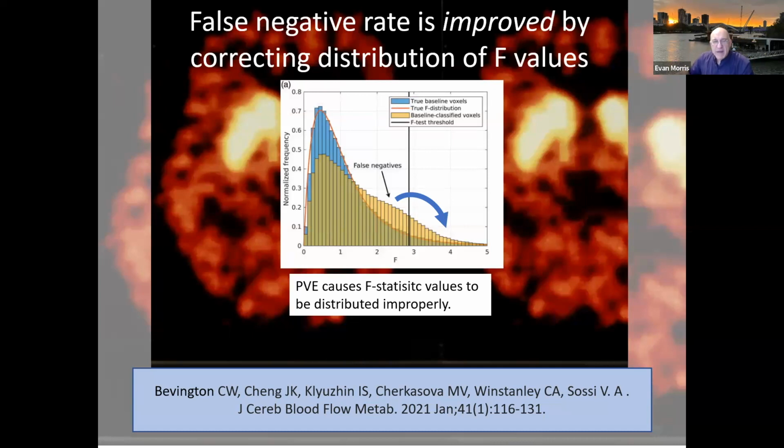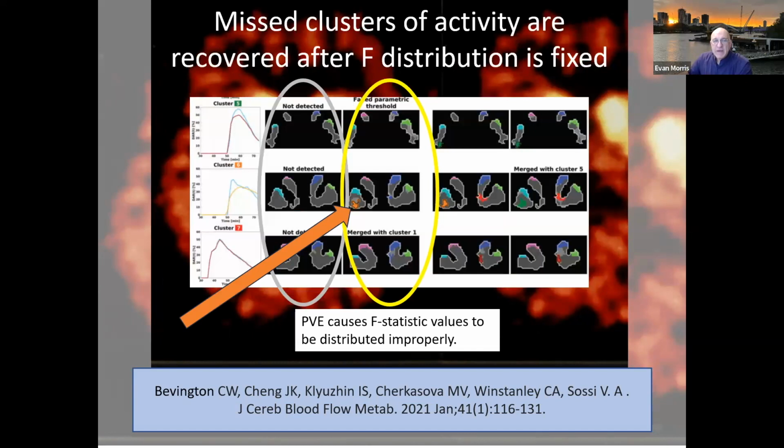And a lot of them were less than the threshold, and they hypothesized that these F values were improperly biased downward because of partial volume error, typically around the edges of the detected clusters. And when they managed to correct their distributions, they found that they could recover.